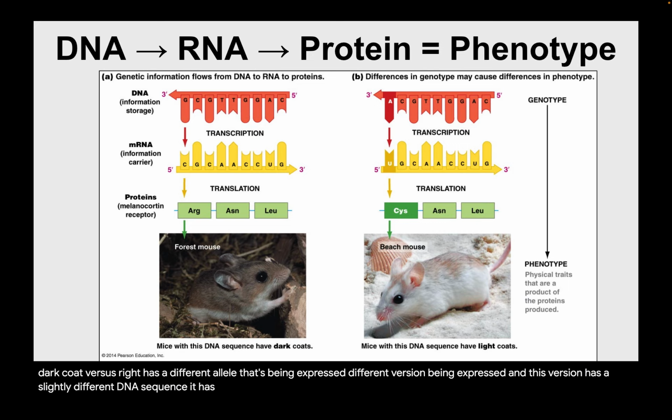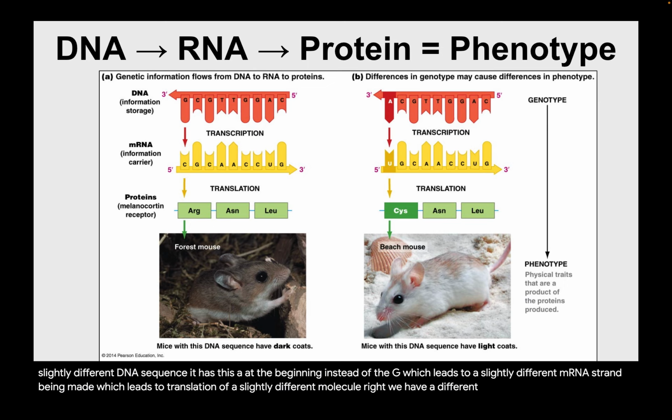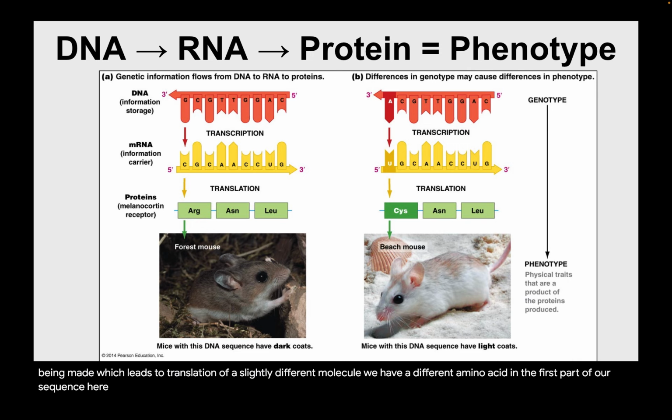It has an A at the beginning instead of the G, which leads to a slightly different mRNA strand being made, which leads to translation of a slightly different molecule. We have a different amino acid in the first part of our sequence. But it's still expressed as a protein that makes a pigment, only now that pigment is a lighter color. So this is the big picture. We're putting all the concepts together here.